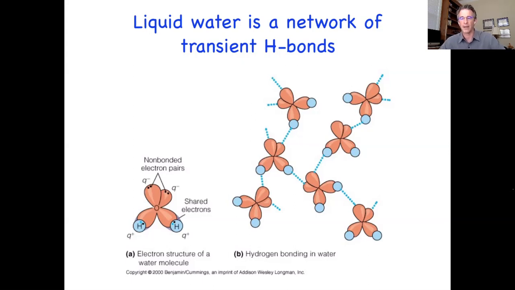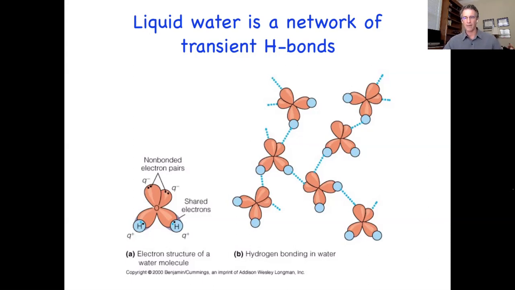They're still hydrogen bonding with each other. There are these flittering networks of hydrogen bonds, making and breaking on a nanosecond or sub-nanosecond time scale constantly in liquid water. And that's one of the things that makes water really unusual as a solvent, gives it some of these surface tension properties and some of these other properties that make water very, very unusual, very special. And it really, really wants to do that.